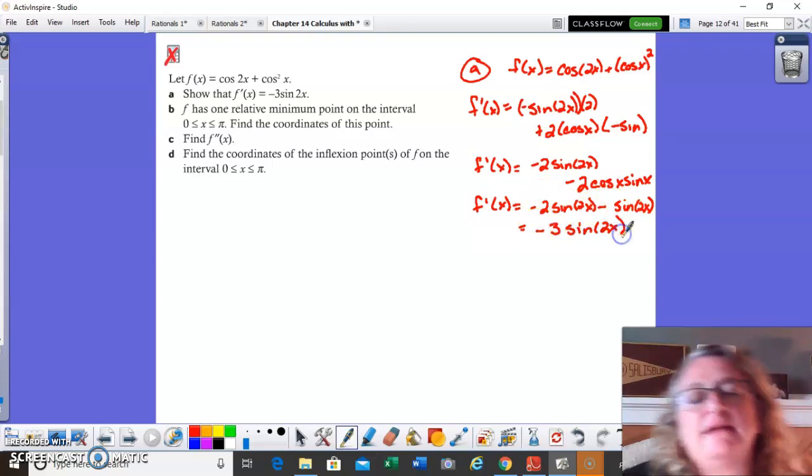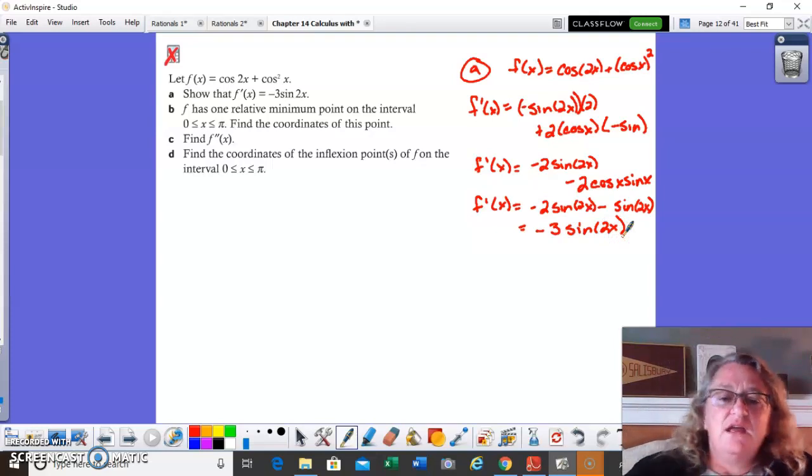Now, how did I know to go look for a double angle? When I was going through this, I was just going to stop here, but that's not the form they wanted it in. They purposefully made this a show question to force you into using that identity. So I went back over here and said, I've got to get it down to sine 2x.